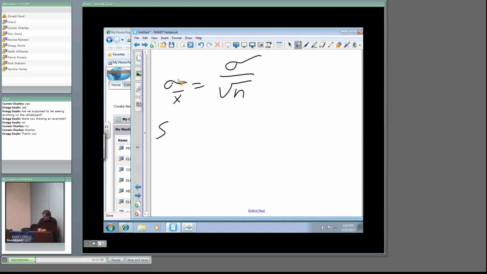We're using the SAT with a mean of 500, and the standard deviation, sigma, is equal to, I think we're using 110. We've used 100, we've used 110, depending on the example.